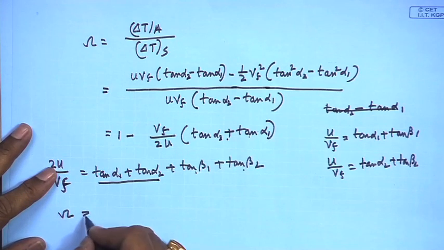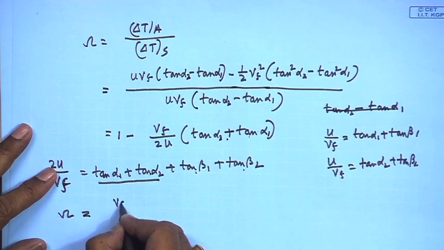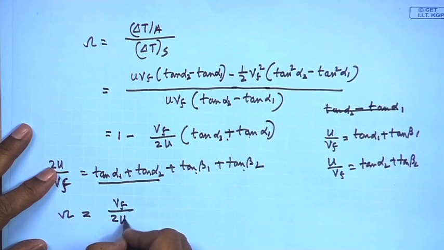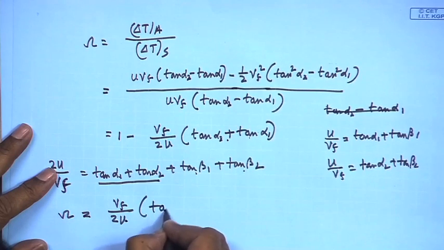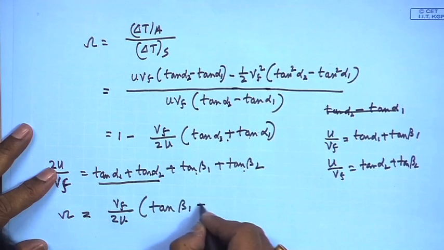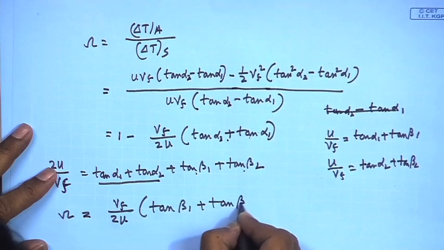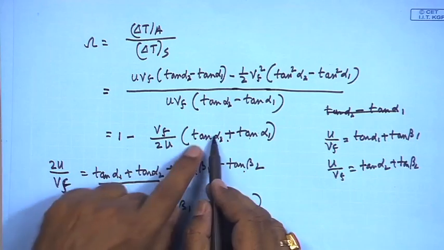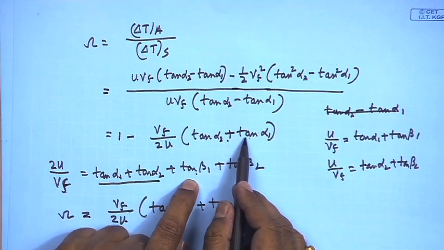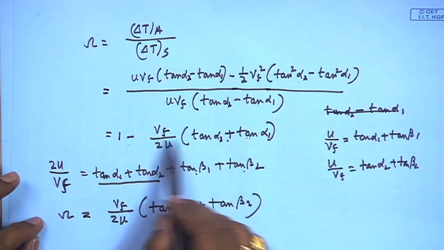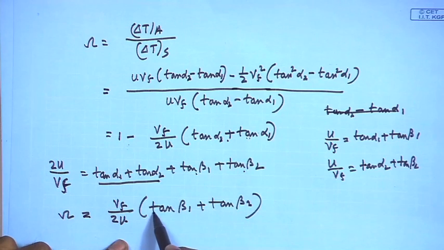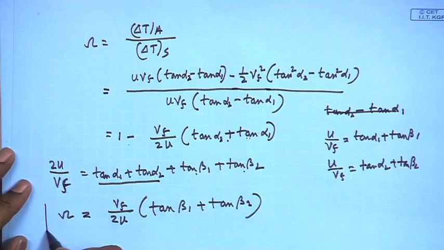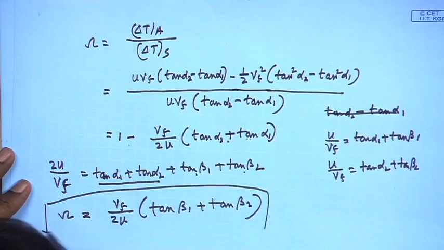You get an expression equal to Vf by 2u into tan beta 1 plus tan beta 2, that means simply you make tan alpha 1 plus tan alpha 2 as 2u by Vf minus tan beta 1 minus tan beta 2, and then 1 minus 1 will cancel. So, you will see a result like that. This is the final expression for the degree of reaction.